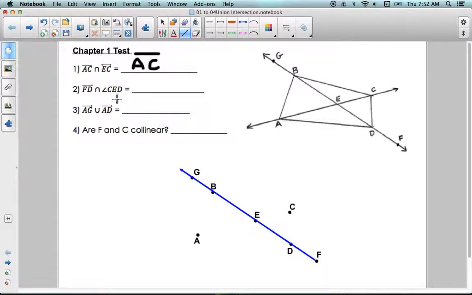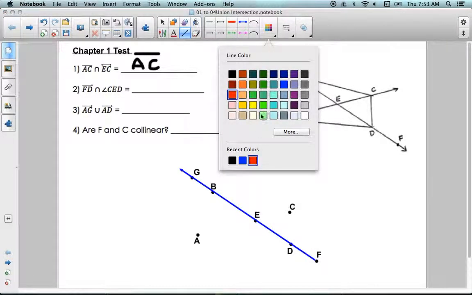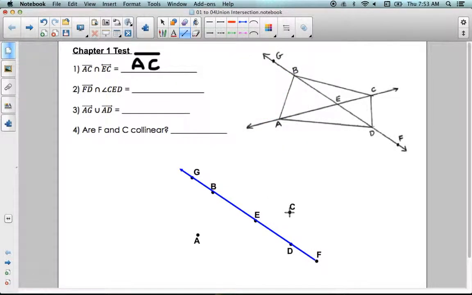Okay? The other thing we're intersecting it with is the angle CED. The angle CED is going to go from C to E to D. However, an angle is formed by two rays, so it's going to start with one ray being EC and the other ray being ED. Okay, and I've continued them on to show that they go on forever.